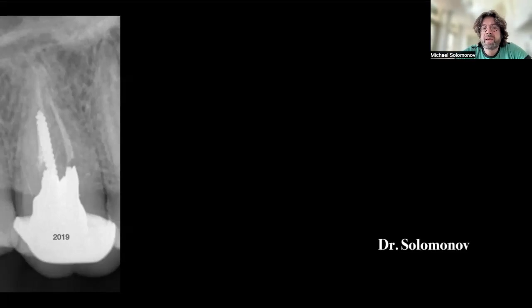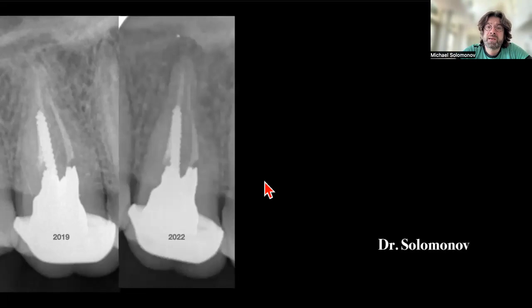This patient came back in 2022, a month after the pain and using of antibiotics. During examination, this time again, nothing on clinical examination, percussion negative, palpation negative, no pockets, no sinus tract, but now we can see some radiolucent area in the apical part of the tooth.